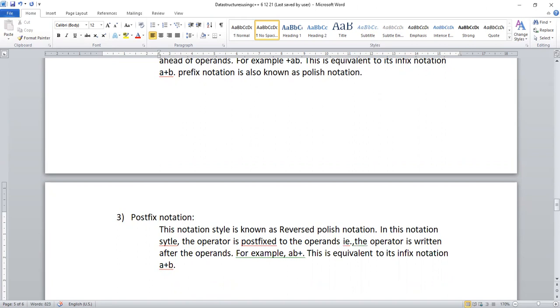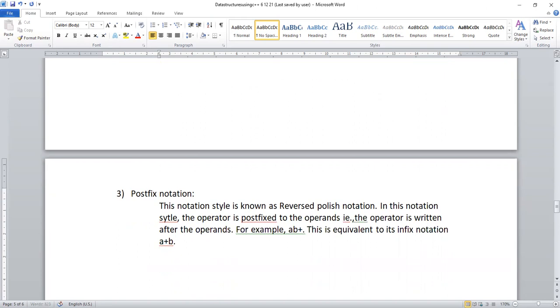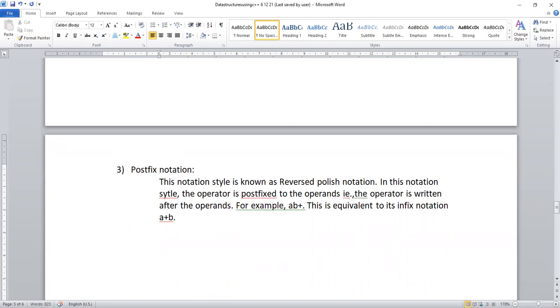Okay, right. So some examples of infix, prefix, and postfix notations can be defined. So what are the examples you'll see? Infix notation, prefix notation, and postfix notation.